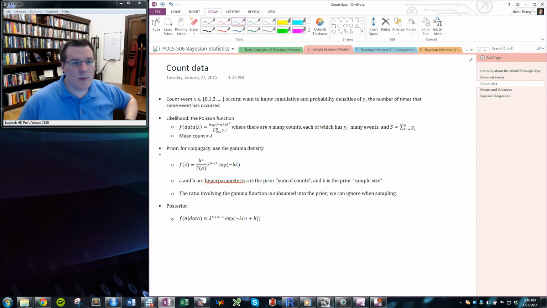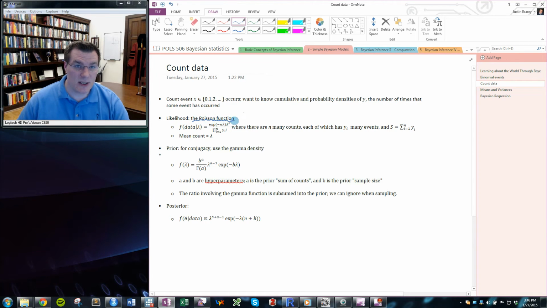As you might know from working with count data in the past, count data can be modeled with the Poisson distribution, which is going to serve as our likelihood in this case. The Poisson likelihood, I've listed it here, is an exponential type function. Key points here are we have n many observations, each one of which is a count.